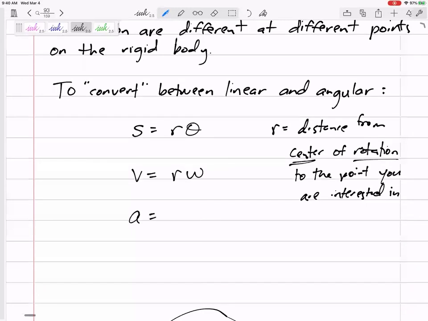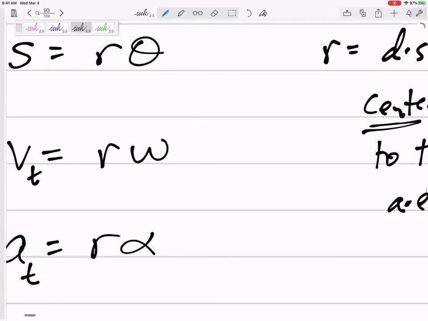And A is our alpha, but we're just talking about A tangential. We're just talking about your tangential acceleration. And I don't need to put this, but this velocity is in the tangential direction, right? Obviously, there's no normal velocity.